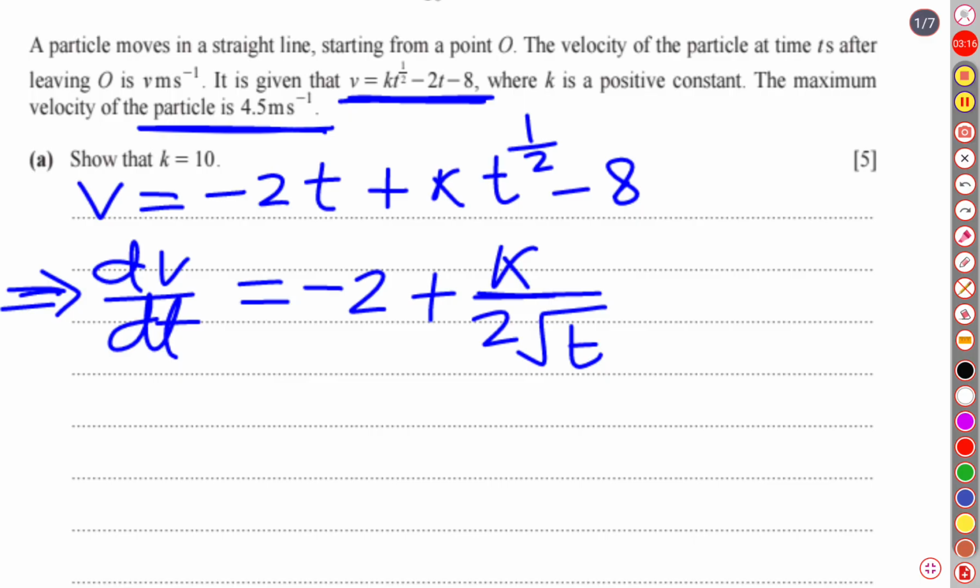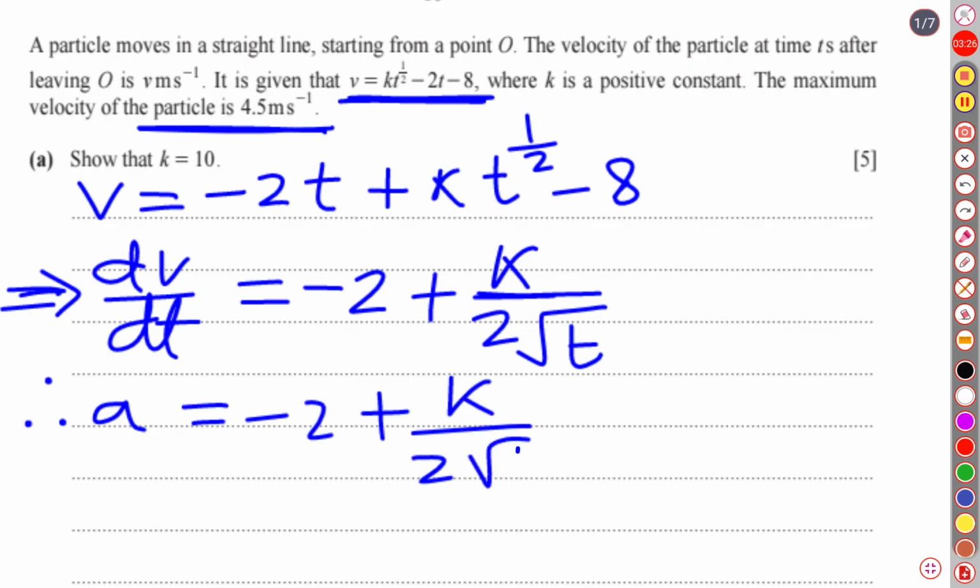So this is our acceleration: negative 2 plus k over 2 square root of t. But for maximum velocity, let's not write acceleration, let it be dv over dt. We will just leave this as the derivative of velocity.